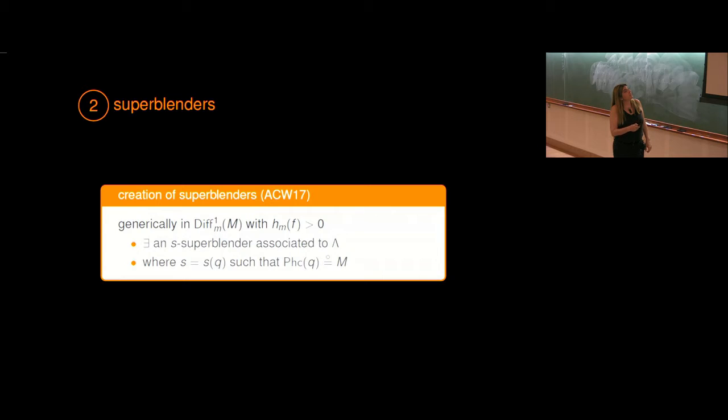Generically, either all Lyapunov exponents are 0 or else there exists a super blender associated to a hyperbolic set, and the stable dimension is that of the theorem of Avila-Crovisier-Wilkinson, such that PHC Q equals M.